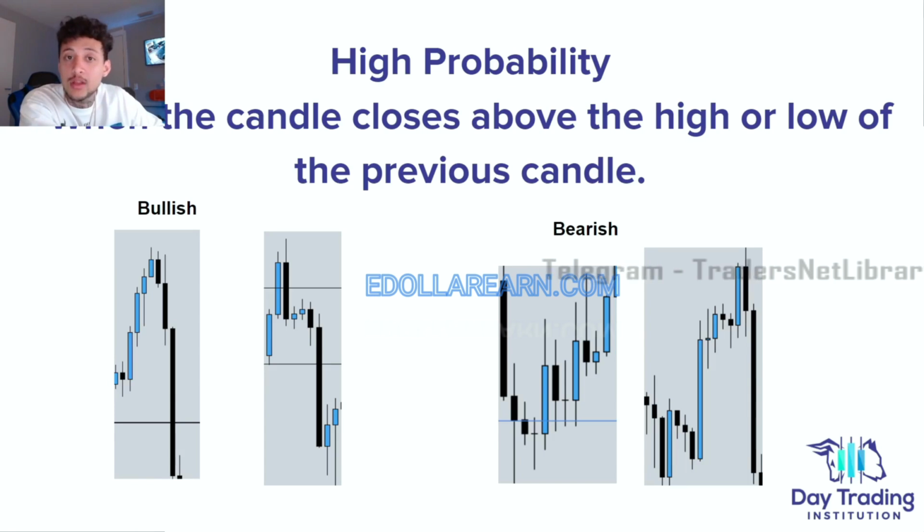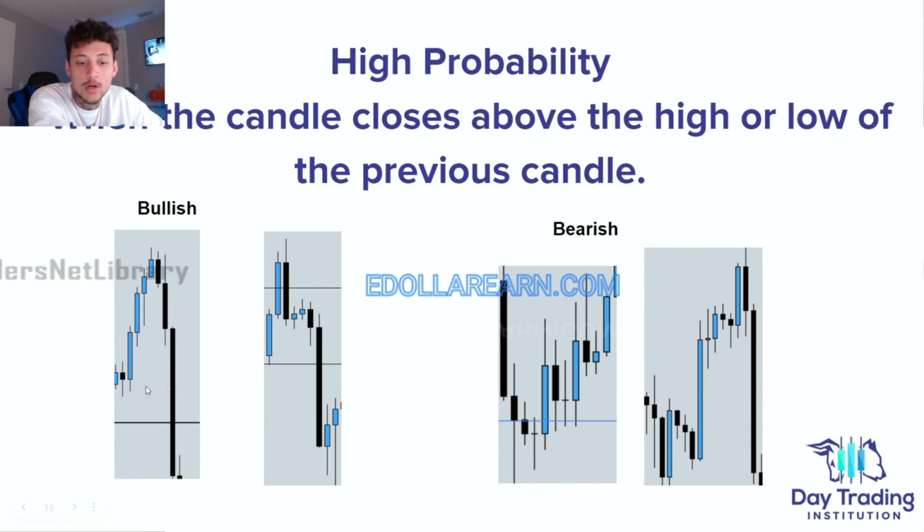A high probability entry is an entry where the candlestick has to close above the wick of the previous candlestick, right? So look at it here. Notice how price closed above the wick of the previous candlestick here. And notice how price also closed above the wick of this previous candlestick here. These are all going to be high probability entry candlesticks.